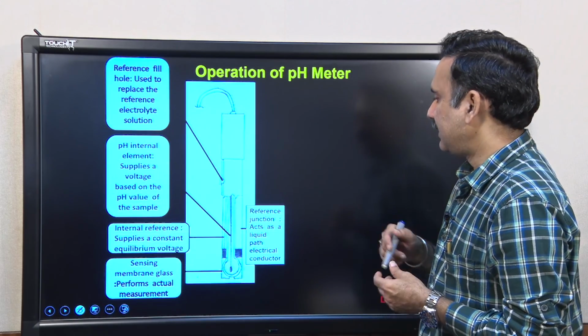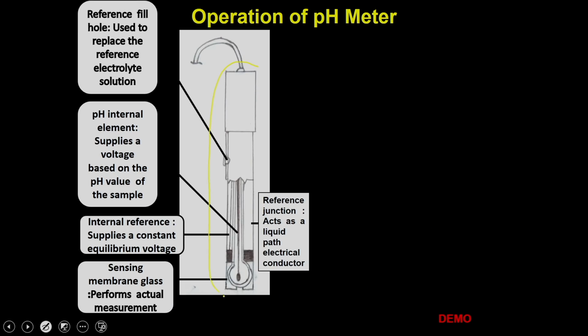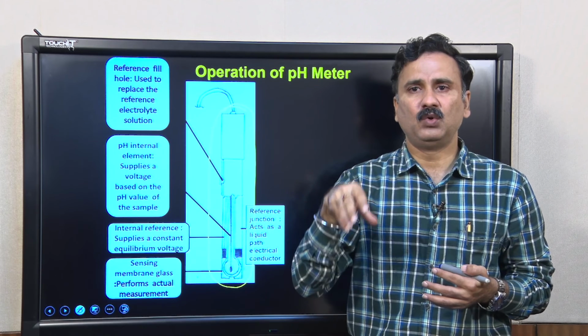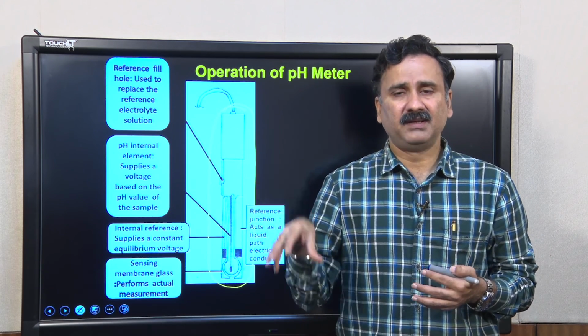In a pH meter, as I said, you have a pH electrode, and this pH electrode is dipped into the solution where you want to measure the pH.